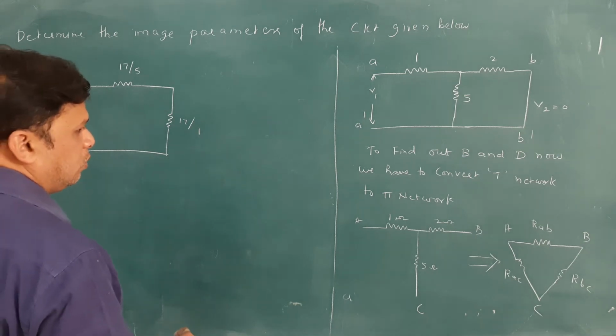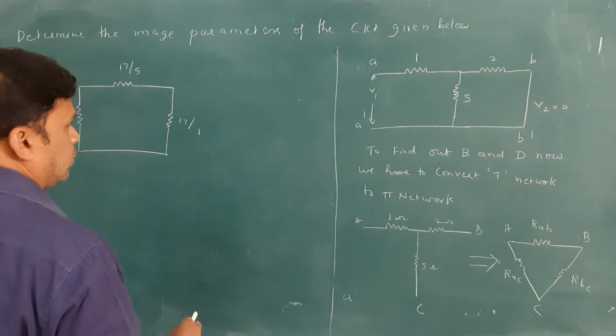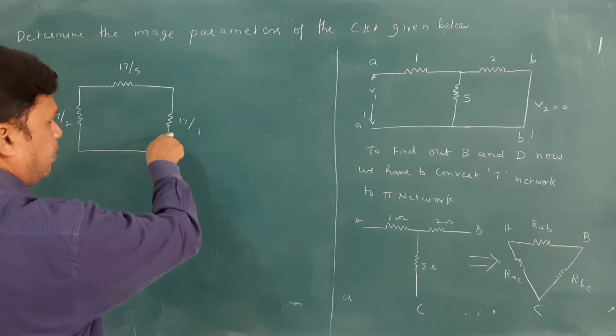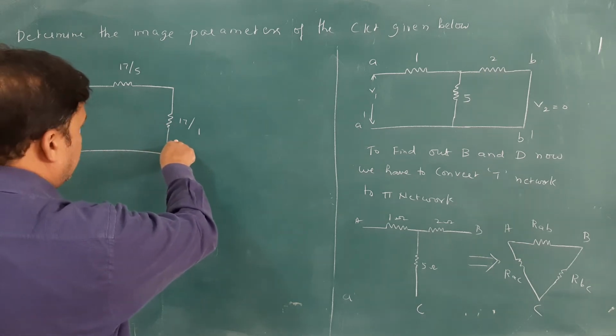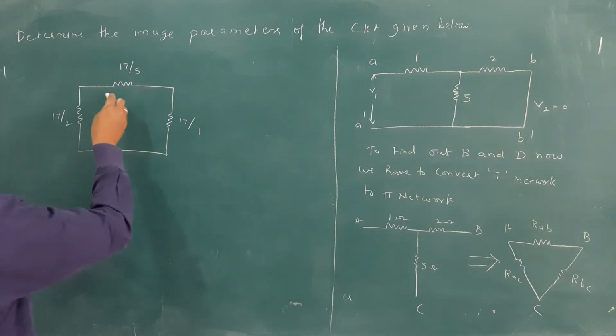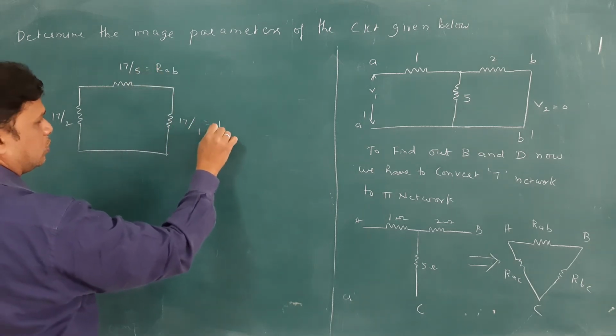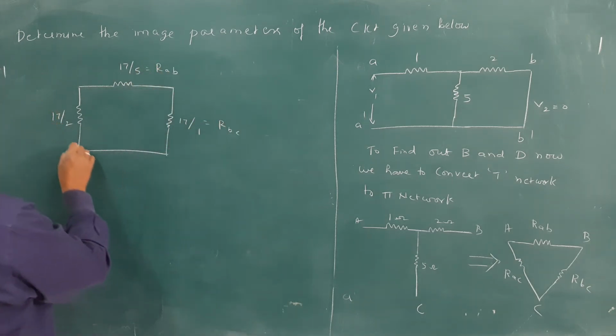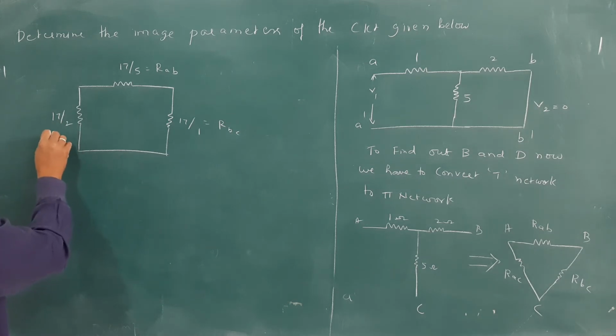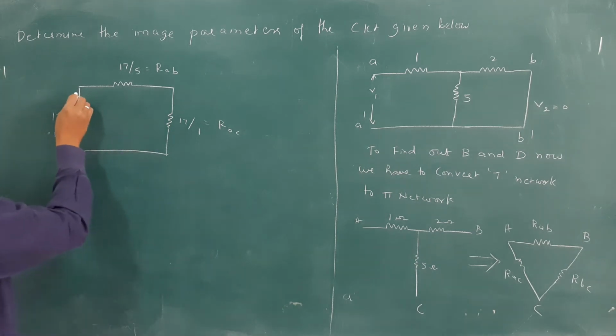RAB is equal to 17 by 5, RBC is equal to 17 by 1, and RAC is equal to 17 by 2. That is equal to RAB, that is equal to RBC, and this is equal to RAC. Now the same network you have to write like this.